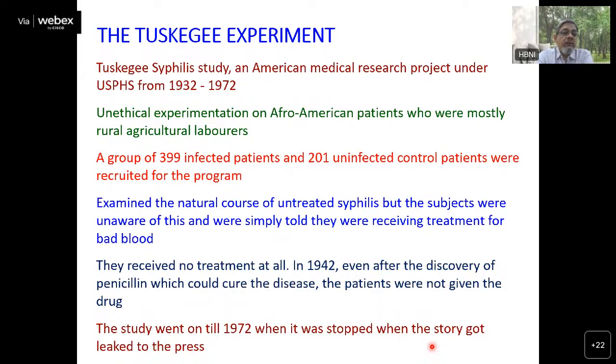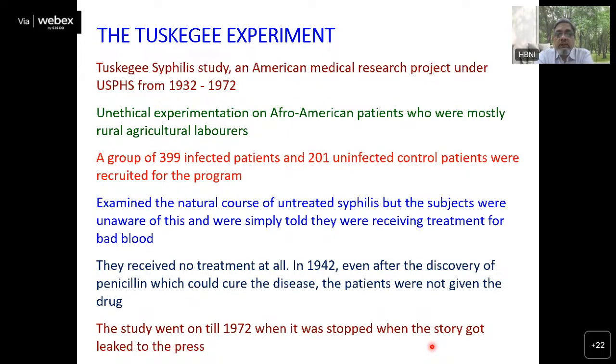It was basically a totally unethical experiment on Afro-American patients who were mostly agricultural, rural laborers. So there was a group of about 400 infected patients and 200 uninfected control patients who were recruited. And then they were actually examining the natural course of untreated syphilis. Okay, that means they wanted to see how this disease called syphilis, if it is untreated, would finally result.